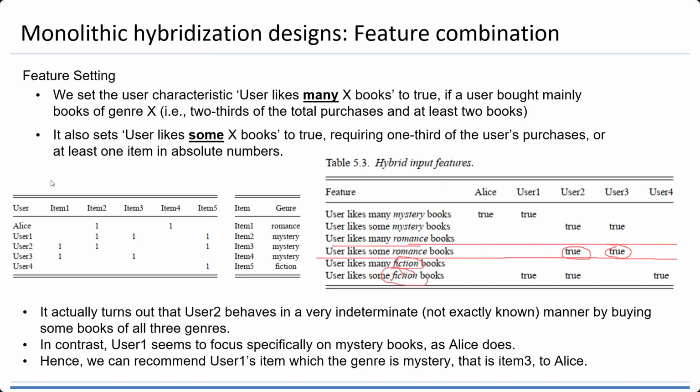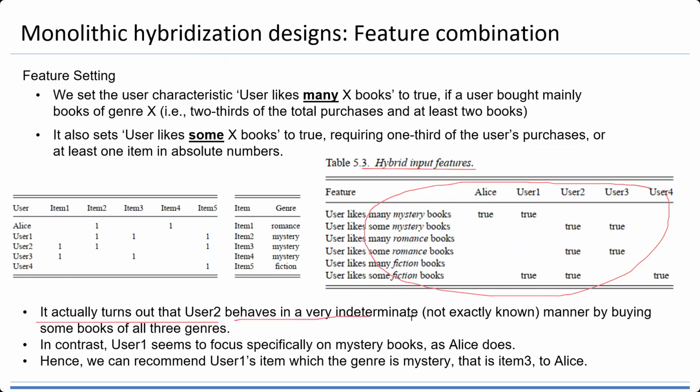Now, from these features, because this is hybrid input features, it actually turns out that user 2 behaves in a very indeterminate or not exactly known manner by buying some books of all 3 genres. Okay, what does it mean? So we can see that user 2 is in the 3 genres.